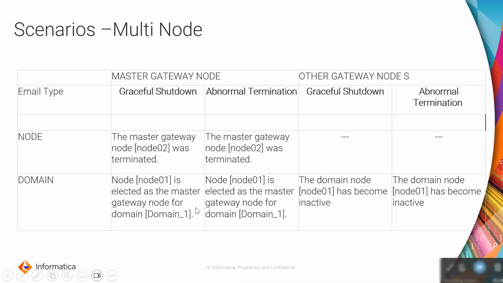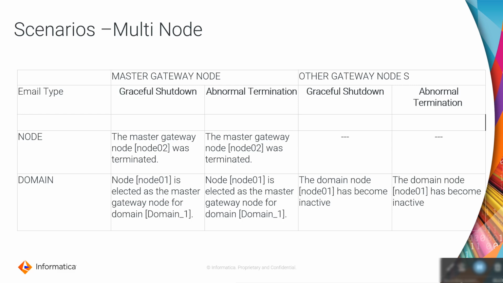So for the master gateway node, you will receive the alerts for the master election, and for the other gateway nodes, you will receive a notification something like your node has become inactive. So this is the information on what kind of emails you will be receiving and in what kind of situation. This is the theory part.